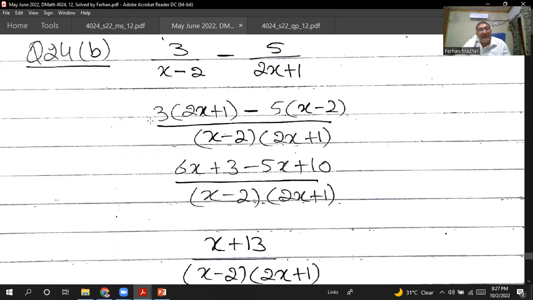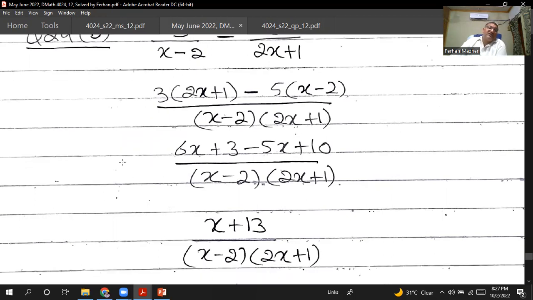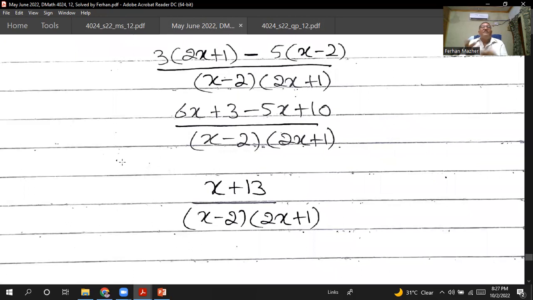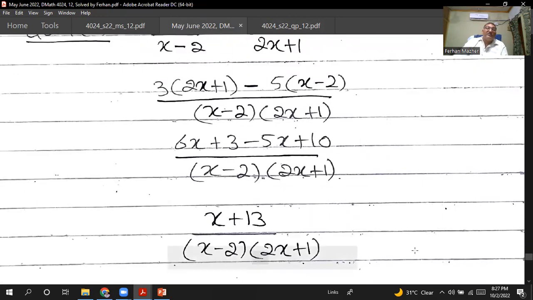Here you will have in the numerator 3 into 2x plus 1 minus 5 into x minus 2. When you open these brackets, you will have 6x plus 3 minus 5x plus 10, and the whole thing divided by x minus 2 and 2x plus 1. So you will have finally x plus 13 divided by x minus 2 and 2x plus 1.